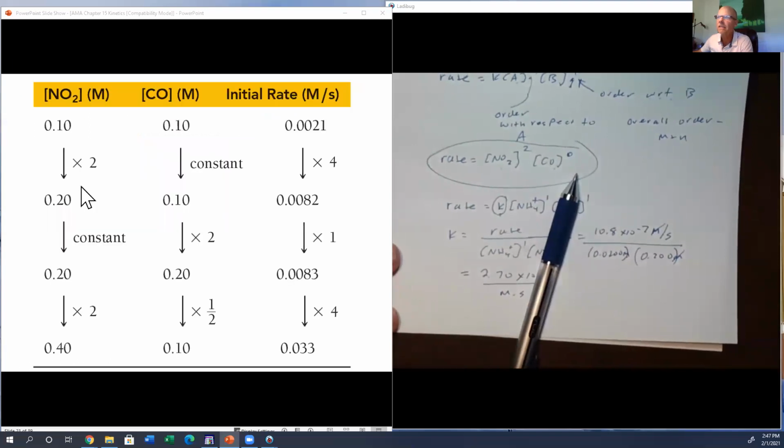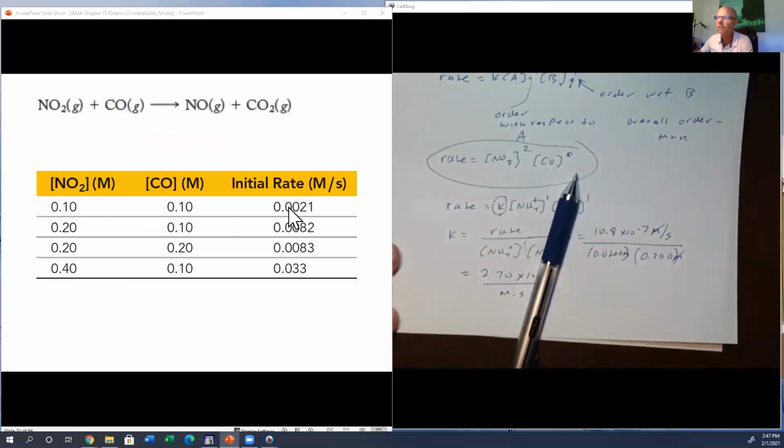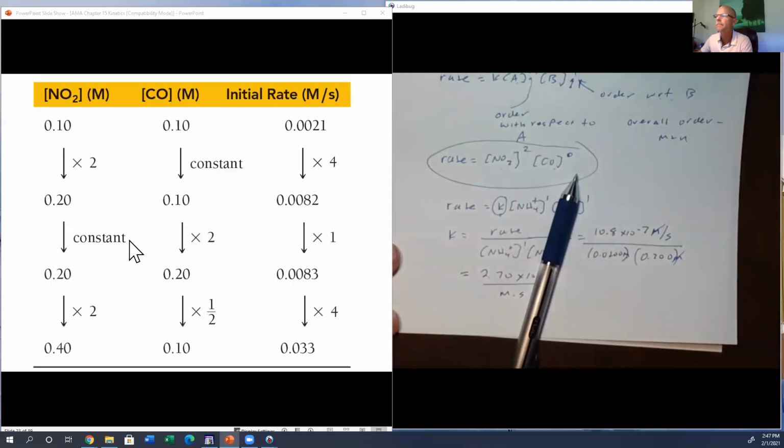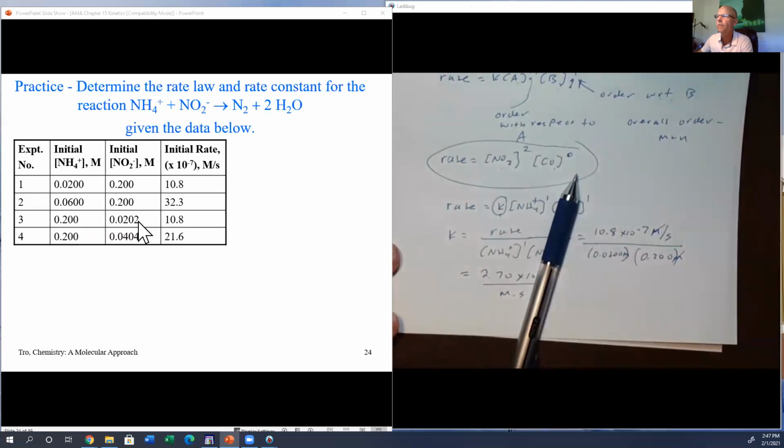In this example, we doubled the concentration. Let's look at this guy: we doubled the concentration and we saw a doubling of the rate. For this guy, we didn't double the concentration. What did we do? Tripled it. Right? Because we tripled it, and the rate went up by a factor of 3, that tells us that it's first order.